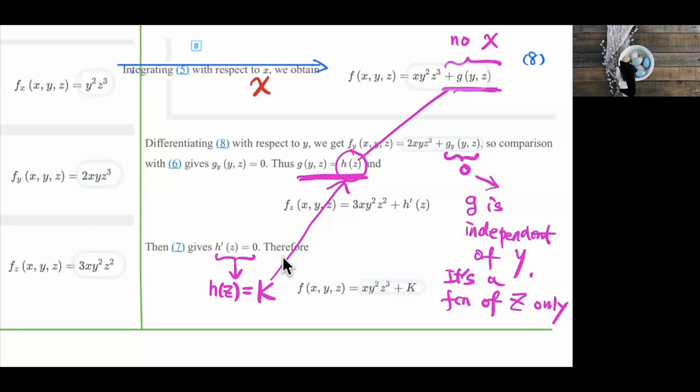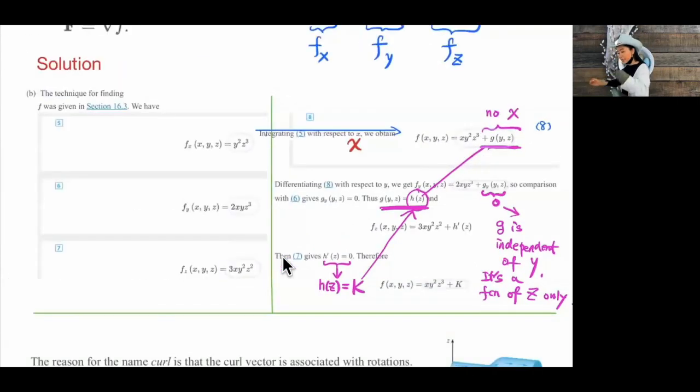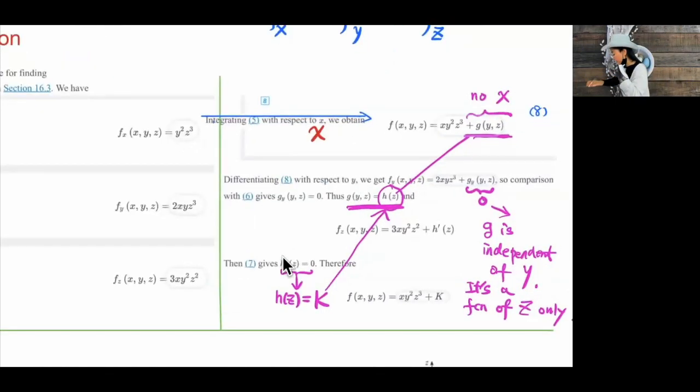So the small f function will be xy²z³, and then that is going to equal this, plus k. Okay, so that's how we got the small f over here. The idea is kind of like taking an antiderivative, and then we compare them, to try to figure out this right here.